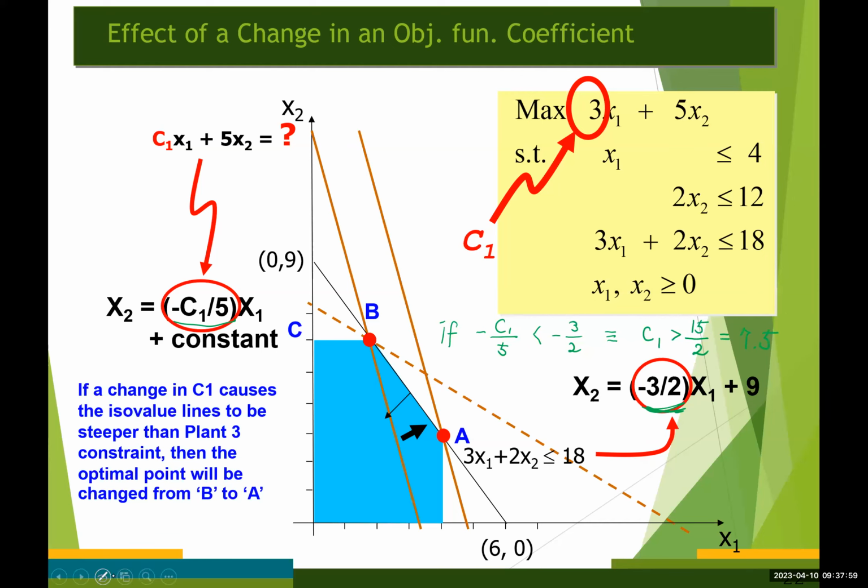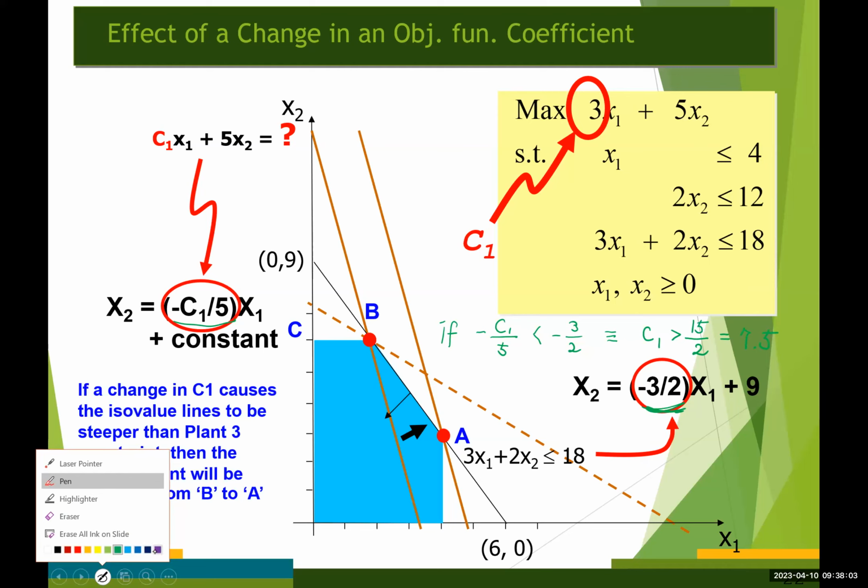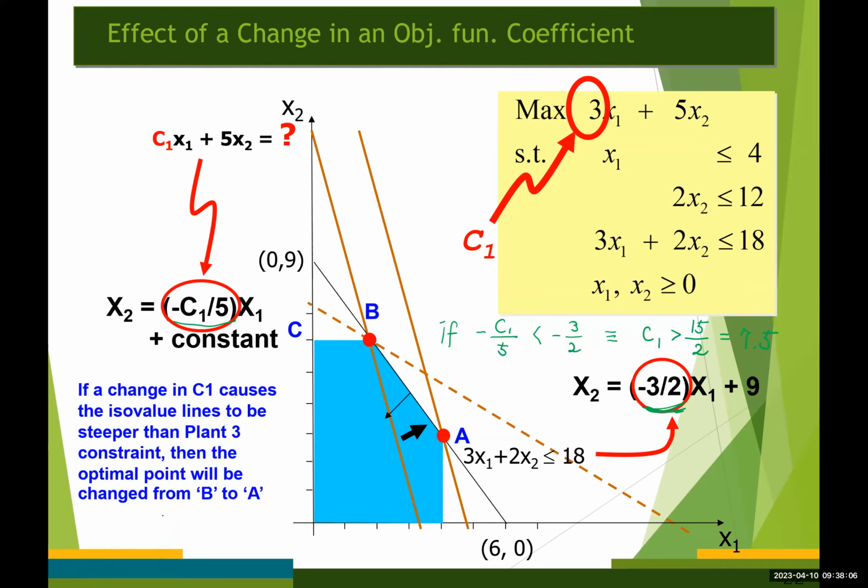So if C1 is greater than 7.5, which is equal to 15 over 2, right?